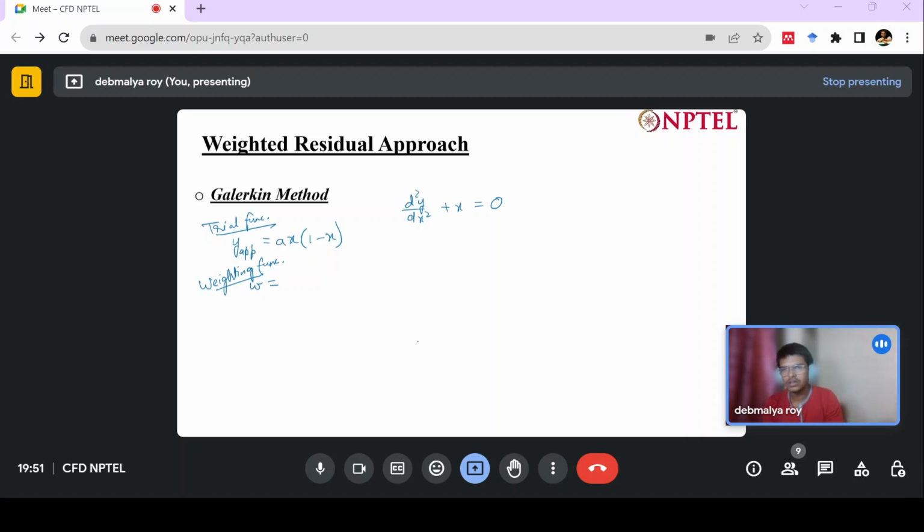So the weighting function here will be simply x(1 minus x). We just remove the parameter. This parameter is not required, and the rest we take inspiration from the trial function, and that we use as the weighting function. That is the inspiration of the Galerkin's method.